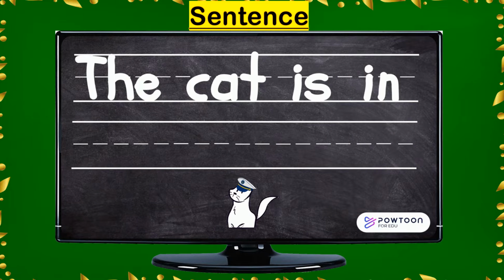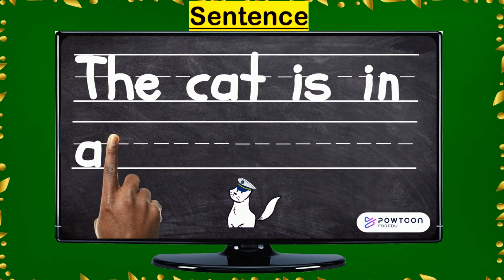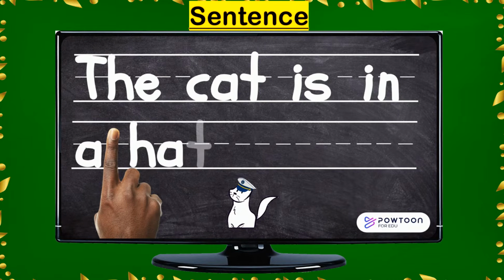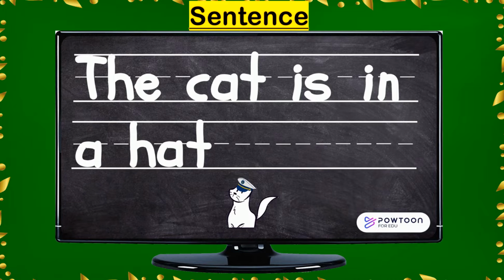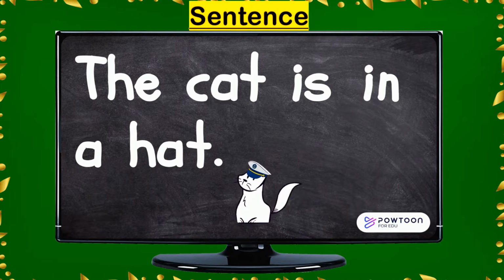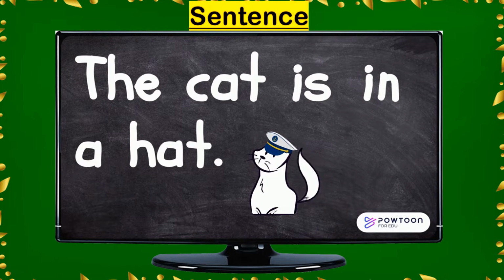Great. Now I'm at the end of the line. Where do I go? To the left-hand side of the next line. The cat is in A. Finger space. Hat. Hat. Awesome. Now we've written our sentence. How do we finish? With a period. Super work. We've just written a complete sentence.